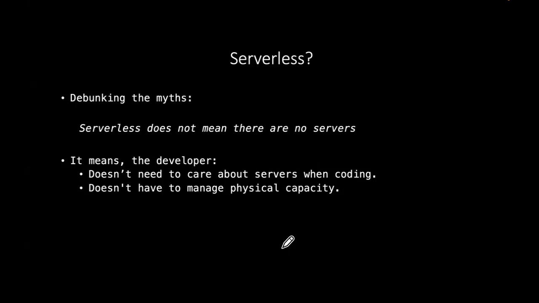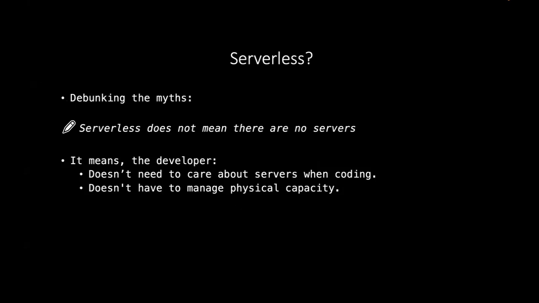But with the serverless model, all of those issues are taken care of by the cloud provider themselves, AWS in our case. It's not that there isn't any EC2 instance running in the background. There is, or something maybe similar to it, but you don't have to worry about the provisioning of it. You don't have to worry about the maintenance of it and all of those issues.